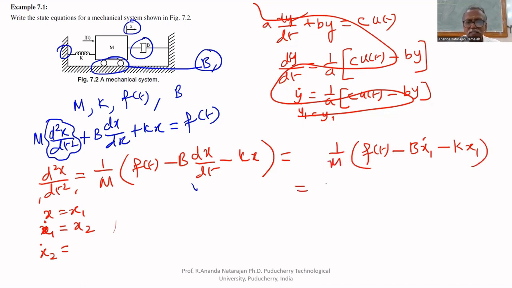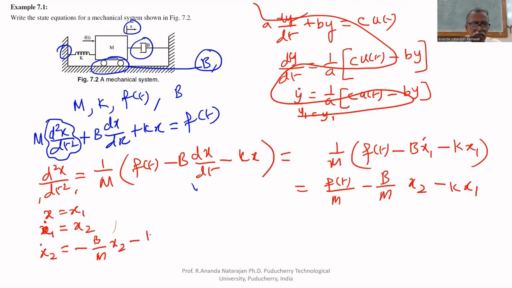This can also be written as f of t divided by m minus b by m. x1 dot equal to what? x1 dot equal to x2. Now we can write in state space model x2 dot equal to minus b by m x2 minus k by m x1 plus f of t divided by m.